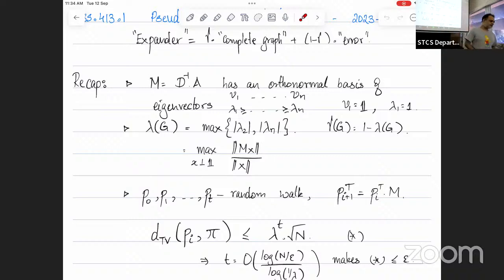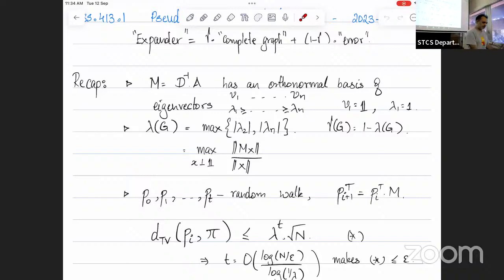The top eigenvector is basically the all ones function, and the corresponding eigenvalue was 1. We saw that all eigenvalues are between -1 and 1 anyway. If you exclude the trivial eigenvalue at 1, corresponding to the all ones eigenvector, you want to ask, can I put all the other eigenvalues within a smaller ball?